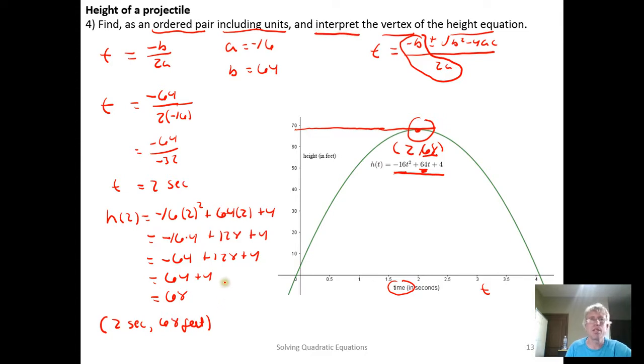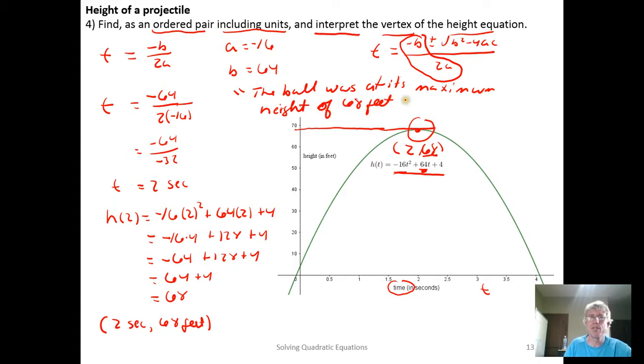So the interpretation is the ball was at its maximum height of 68 feet 2 seconds after it was thrown. So there's our interpretation of that.